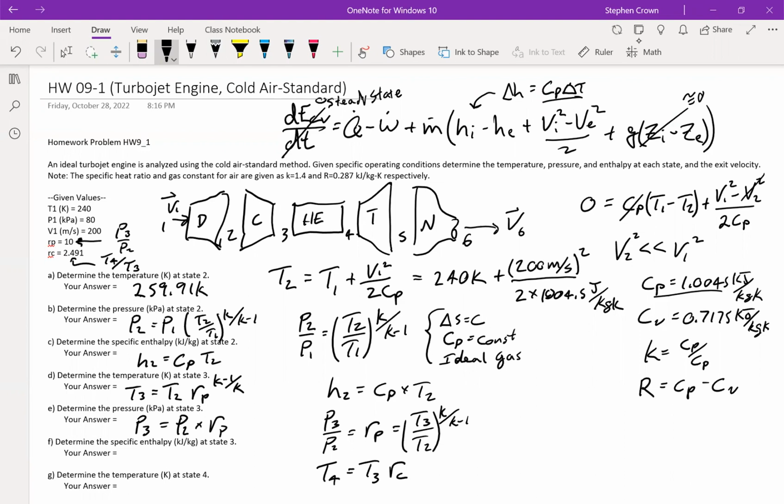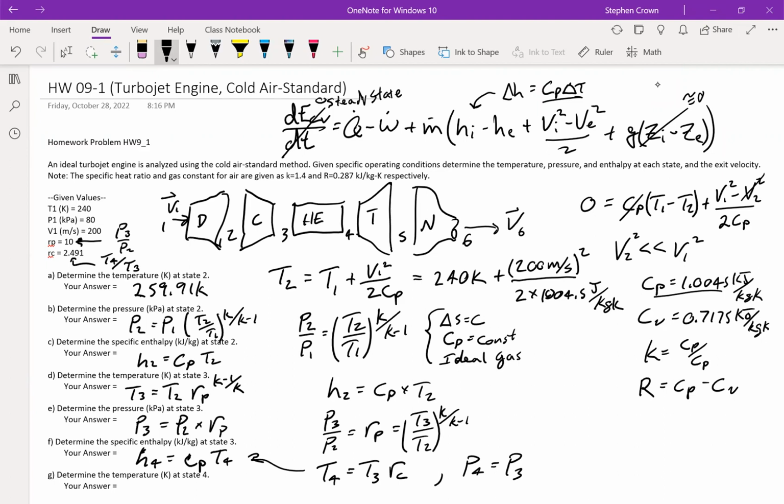And then using the ideal gas law, we can get that it's a constant pressure process, so P4 equals P3, and the enthalpy we can just get from T4. H4 equals Cp times T4, where T4 can be found from T3 Rc.